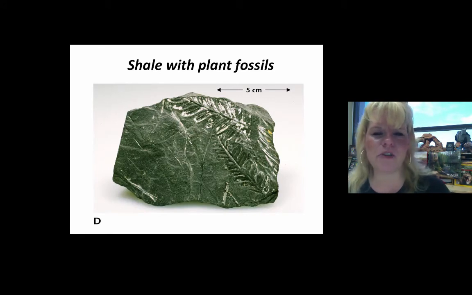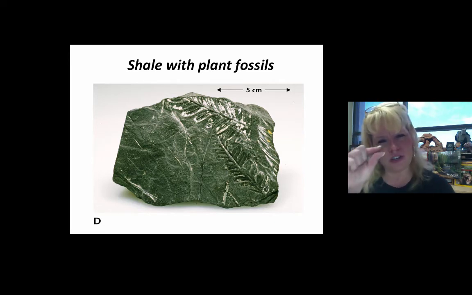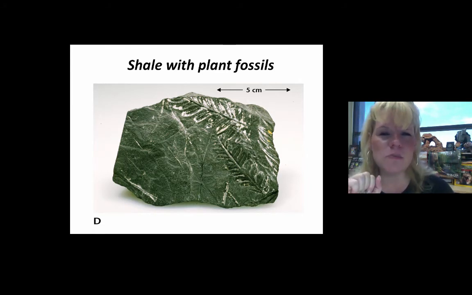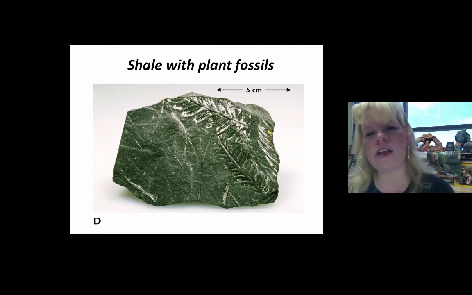So here's an example of a detrital rock, meaning clastic rock. You can see some fossils in there. Don't be deceived by the fossils, but if you looked at this shale under a microscope, there'd be just hundreds of little bitty tiny microscopic clasts that are glued together with the cementation, and that's why it's detrital.